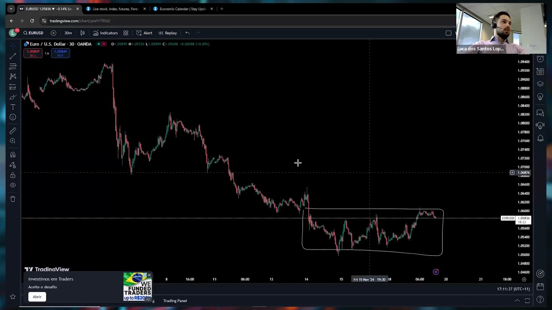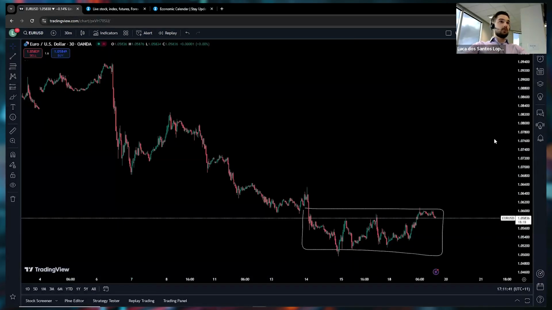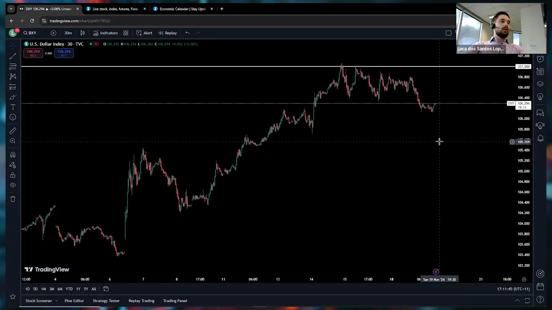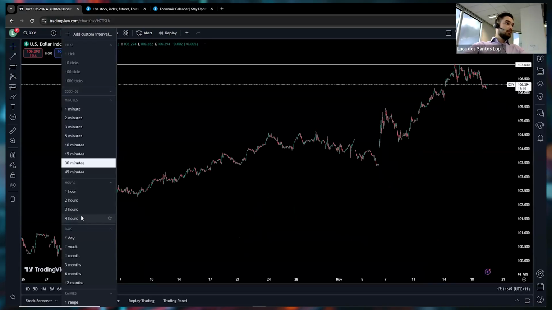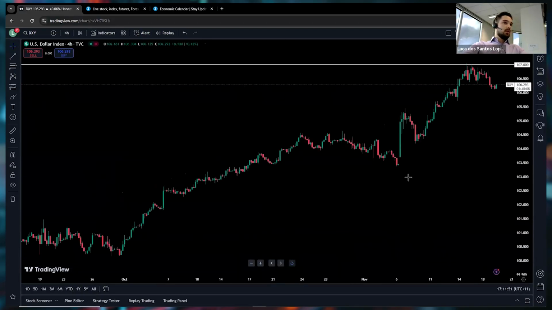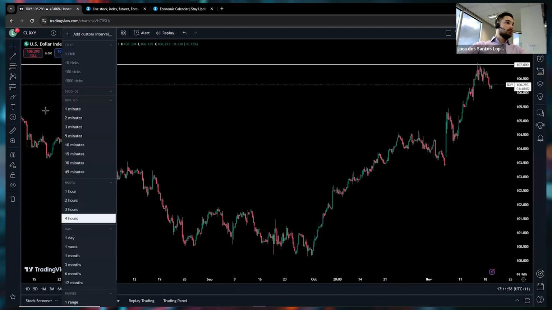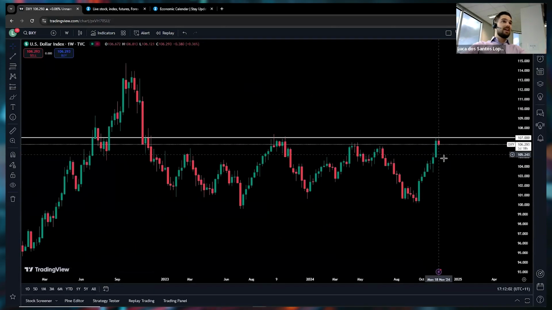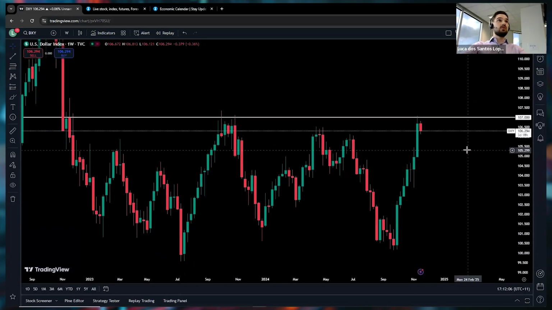All right, the first thing I want to talk about is the US dollar. If we come to the DXY, I've been talking about this. This is the 30 minute, let's go to the 4 hour, it's easier to see. Since October, if we go to the weekly chart, we haven't had one single week of a negative close.